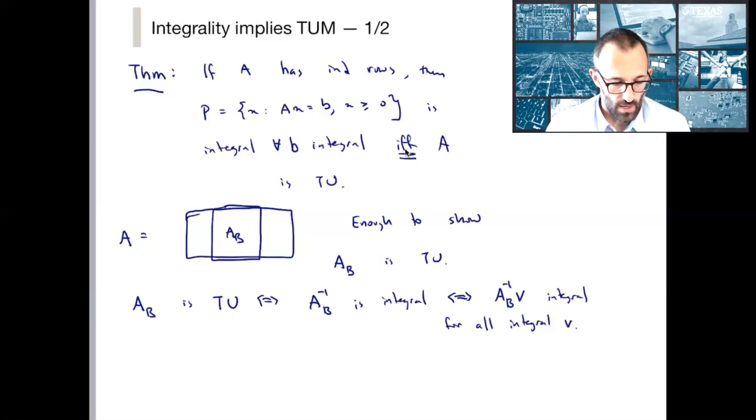Okay, so now what is it that I need to do? I want to show that if I have an extreme point, then that's integral, then A_B is totally unimodular, which is the same as writing that A_B inverse is integral, which is the same as asserting that A_B inverse times v is integral for all integral v.